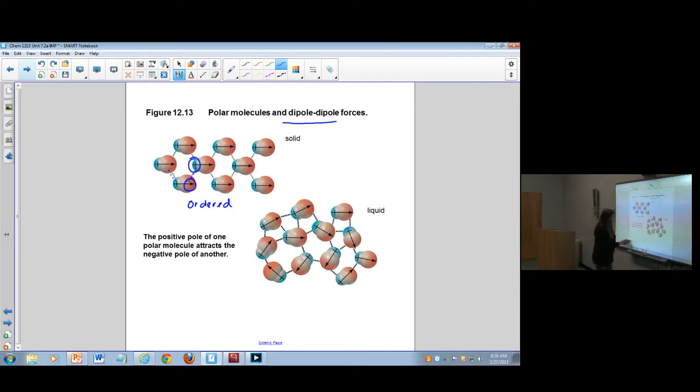And then the liquids, again, they still interact. Here's our partially negative end interacting with the partially positive end, but these are more disordered. So although the charges and the interactions are still the same, they're very strong, they're a little more disordered than they would be in a solid state.